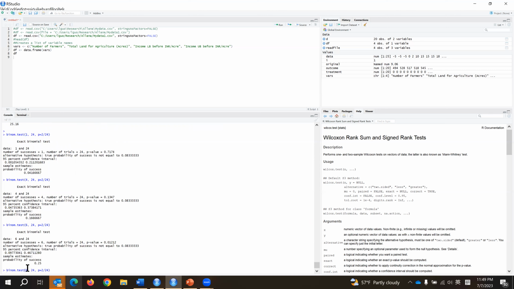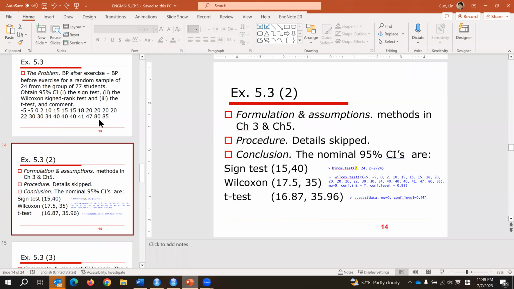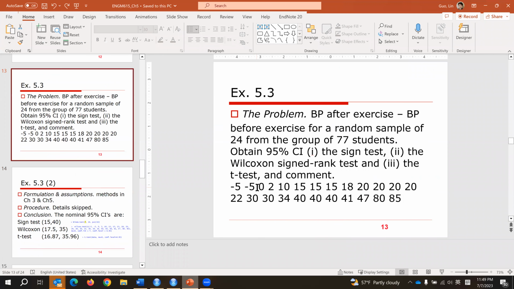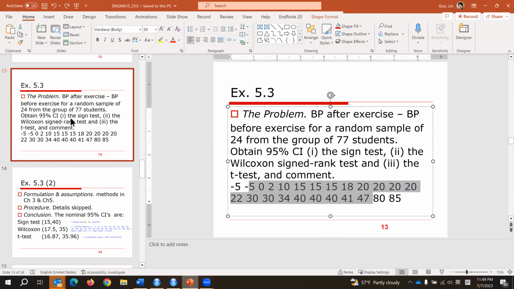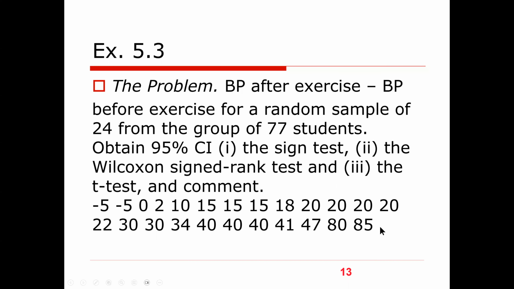Then let's change it to 7. When we increase x to 7, this range can just contain 0.5, which means the lower bound of the confidence interval of how many items in the middle covers 95% starts from the 7th, and the upper bound is the 7th from the right.